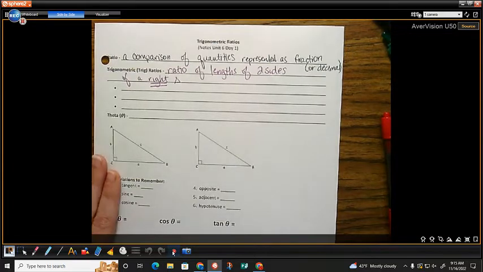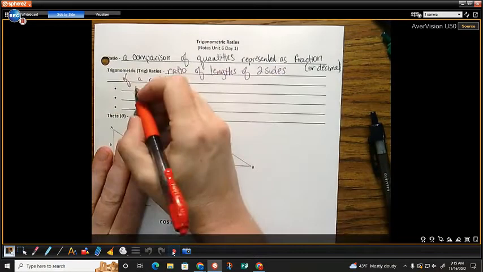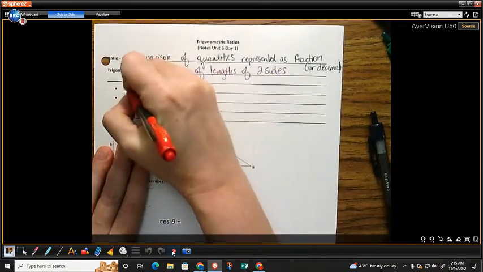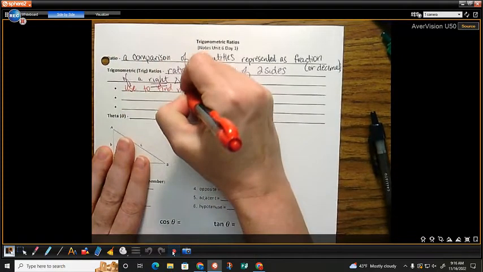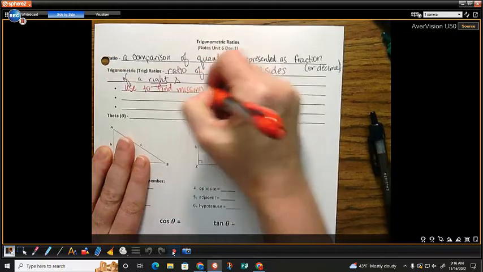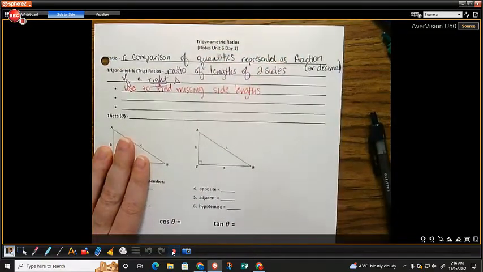Okay? Now, it gets used for stuff. We can use it to find missing side lengths. Missing side lengths in what? In a right triangle. Are you going to use this to find missing side lengths in a circle?